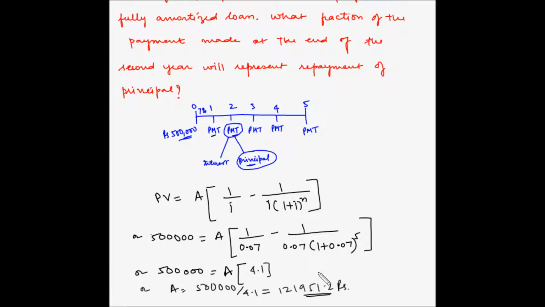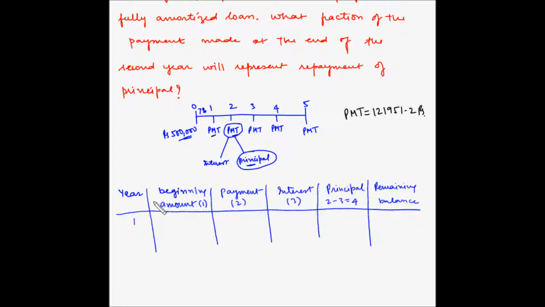Now let's prepare an amortization schedule for repaying this loan. So this is the loan amortization schedule table. Let's first take year 1. The beginning amount that needs to be repaid is 500,000.